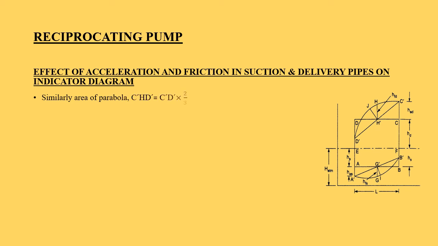Also, the area of the parabola C dash H D dash is equal to C dash D dash into 2/3 into H dash J. We can rewrite the equation as 2/3 into C dash D dash into H dash J, which is equal to 2/3 into CD into H dash H from the figure.